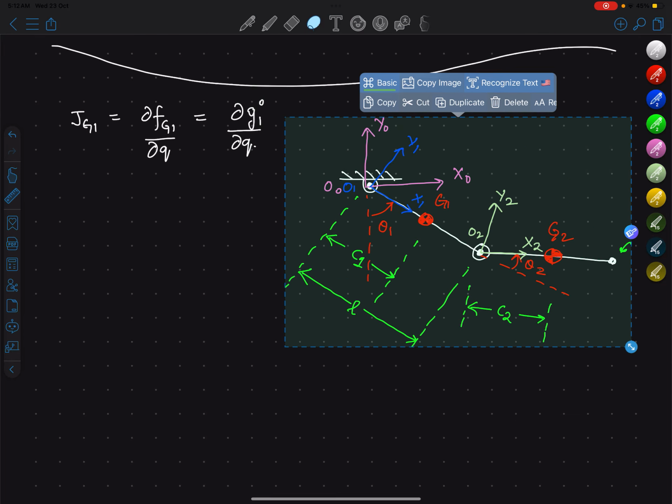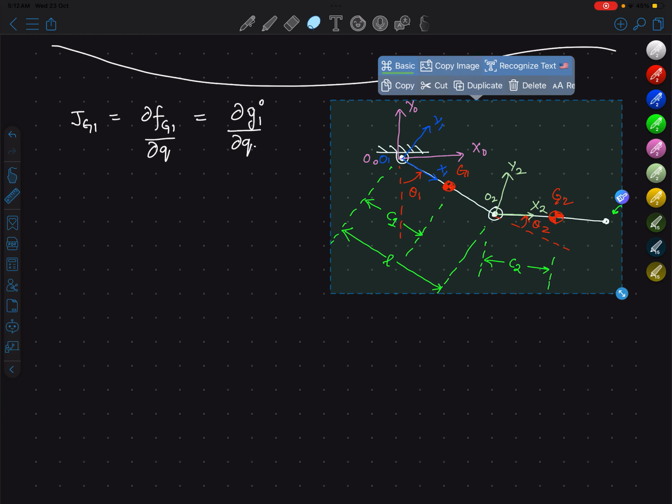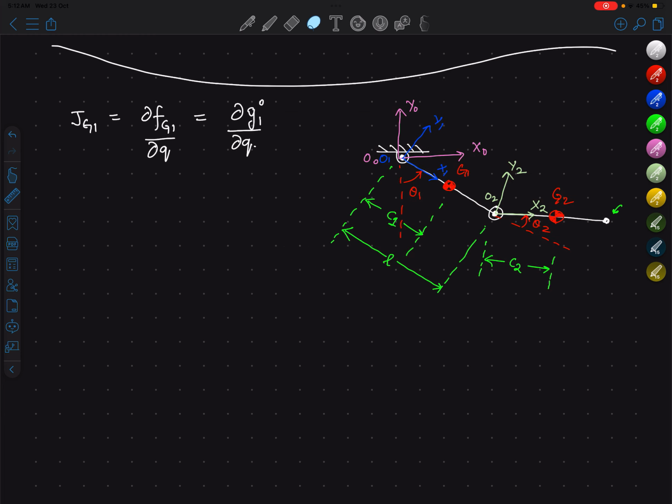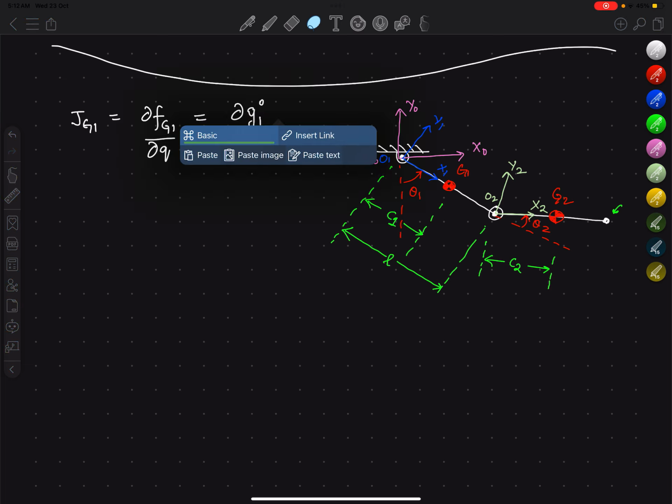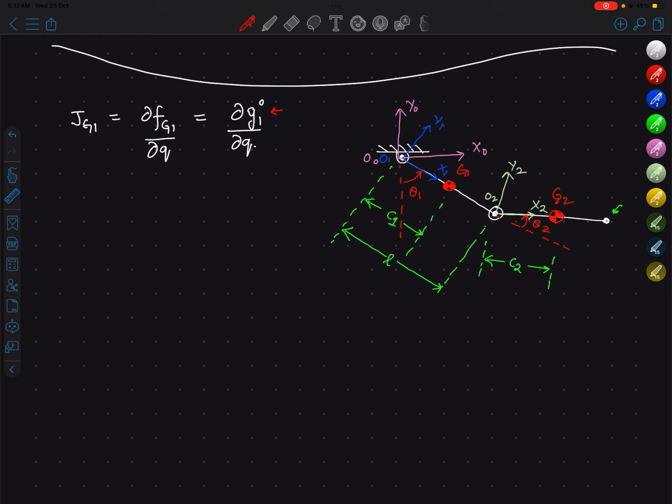All right. So this is the coordinates of this point in frame 0. We studied homogeneous transformations, right? So let's just write the forward kinematics in those terms, and then we'll differentiate.